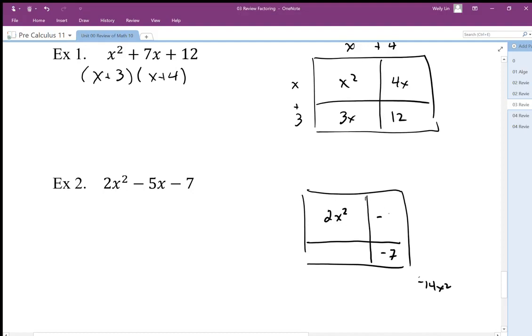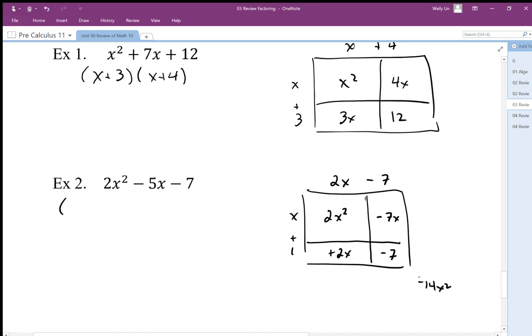That's going to be negative 7 and positive 2. My common factor here is negative 7 and 2x. This is going to be 1x and 1.